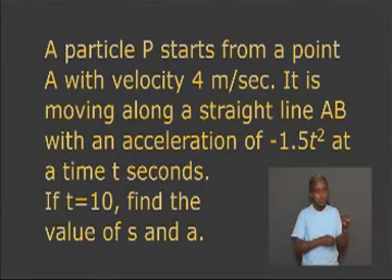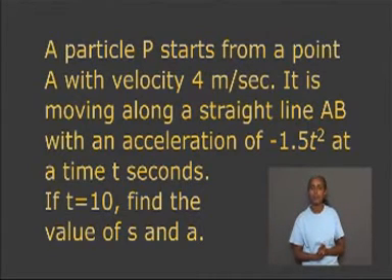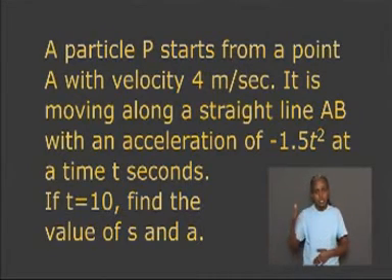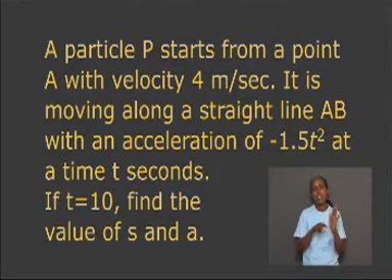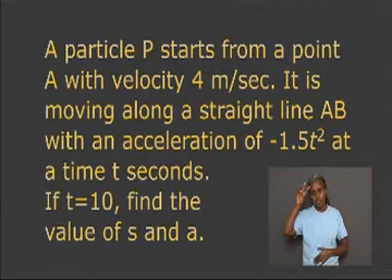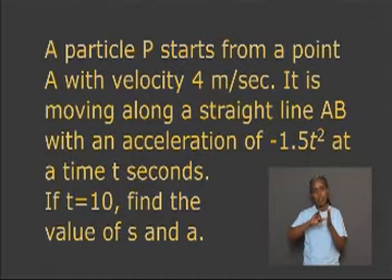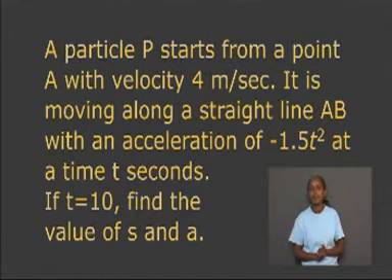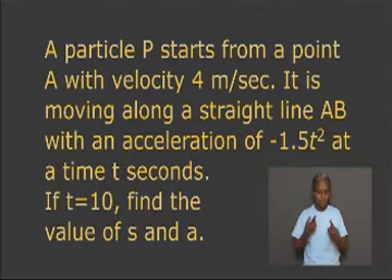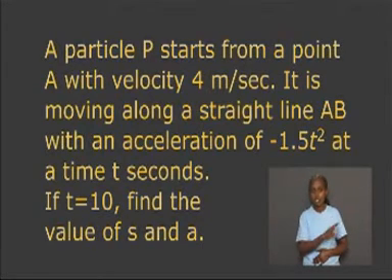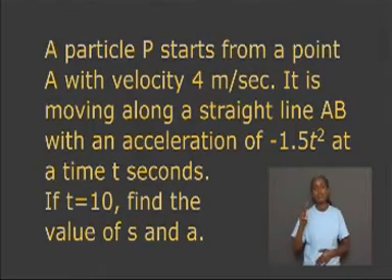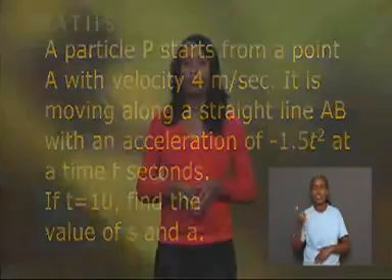It is moving along a straight line called AB. It is accelerating at minus 1.5 t squared at a time of t seconds. Please try to find the particle's acceleration and its displacement after 10 seconds.